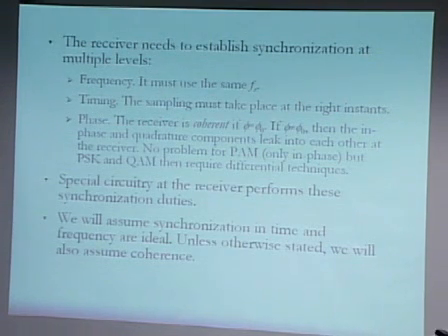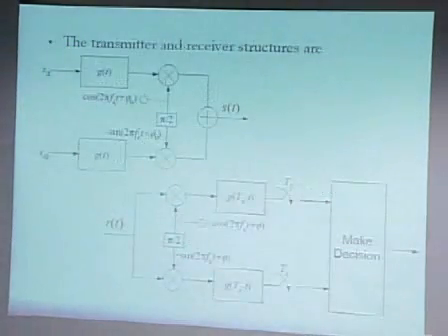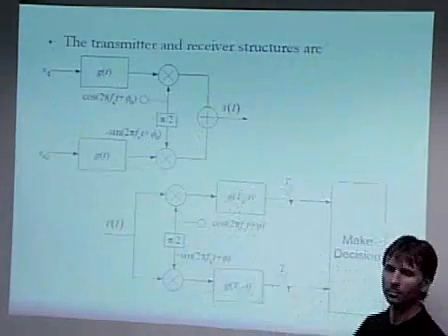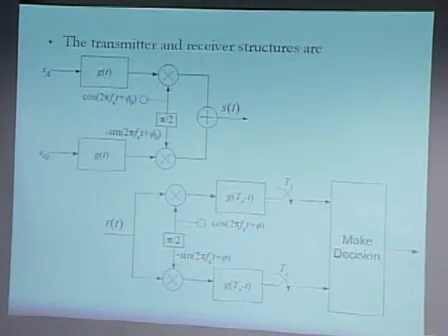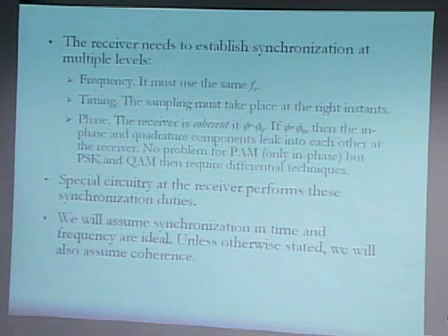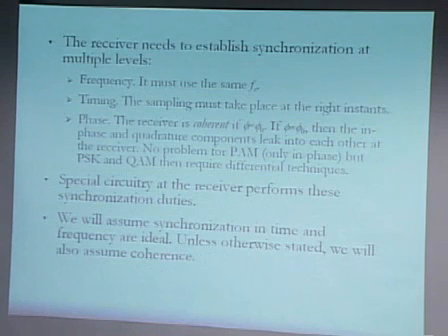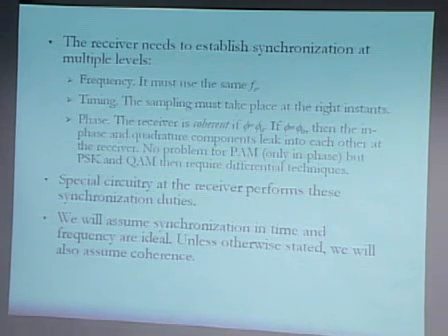If you do synchronize in phase, then the receiver is called coherent. So if this phi here is locked onto the phi sub 0 over there, then the receiver is coherent, and these are the best receivers. If they're not equal, if we don't make any effort to lock these phases, then the receiver is called non-coherent.